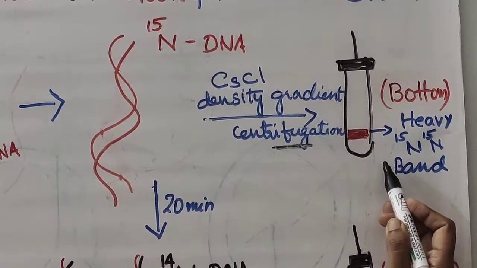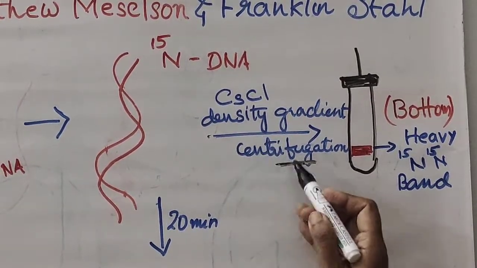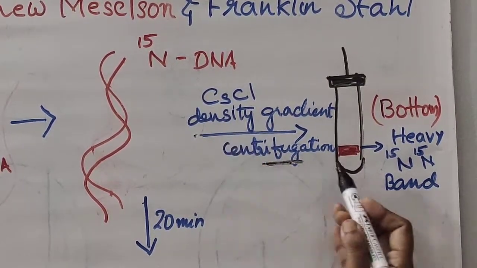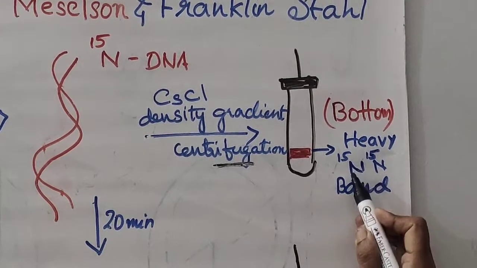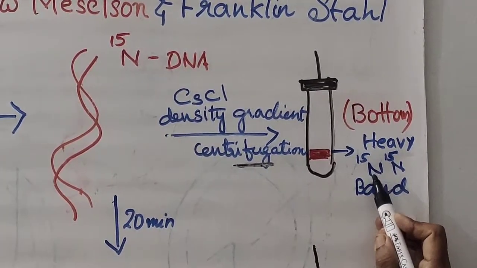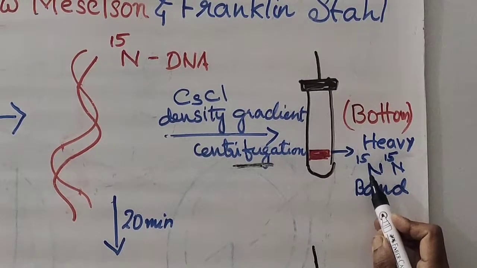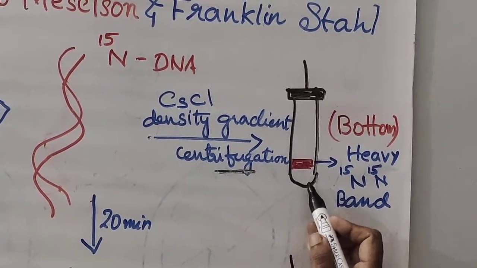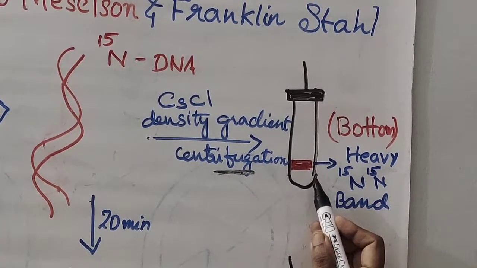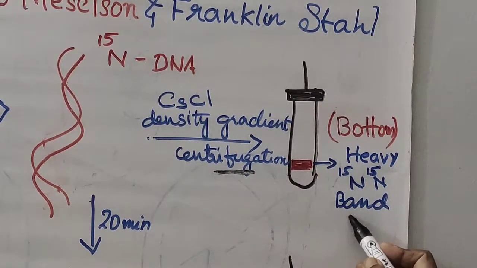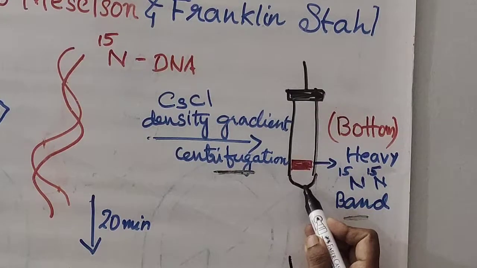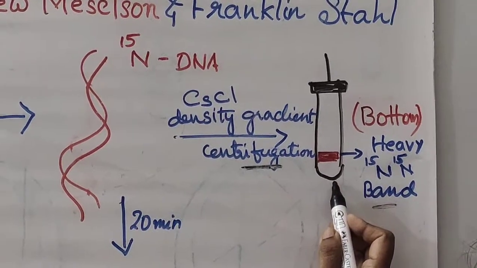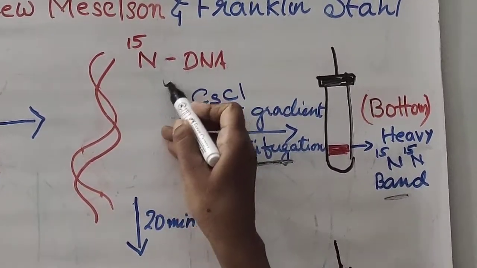When density gradient centrifugation with cesium chloride was used, they could see that, being heavy, the N15 containing DNA was deposited at the bottom. You can see a red color band at the bottom. So they found out that all the DNA strands were labeled with N15.